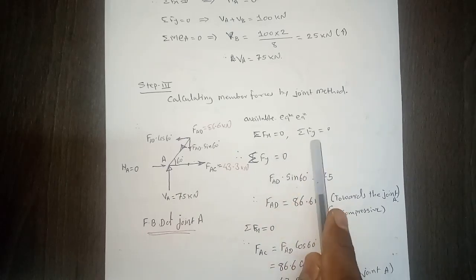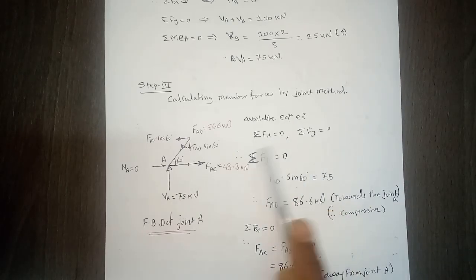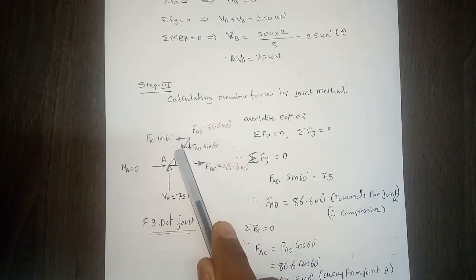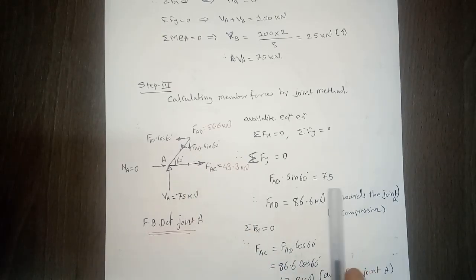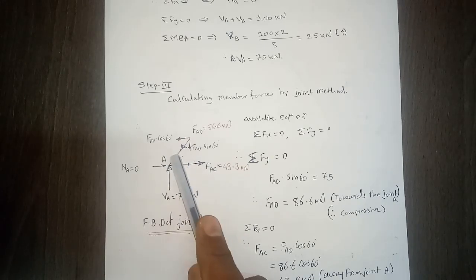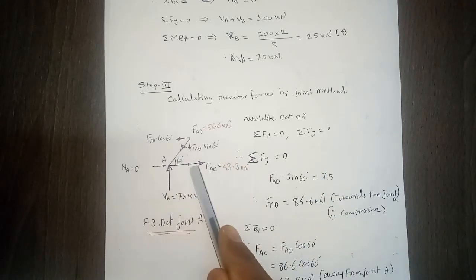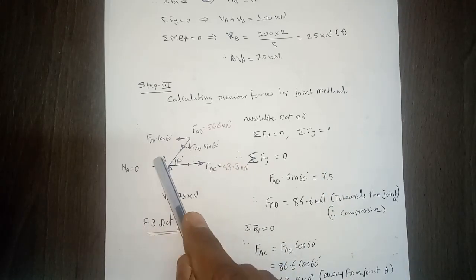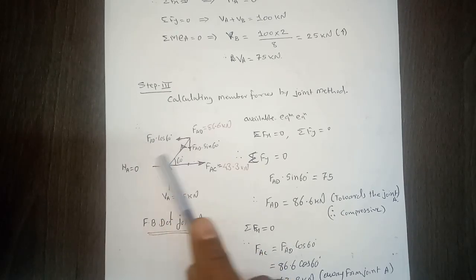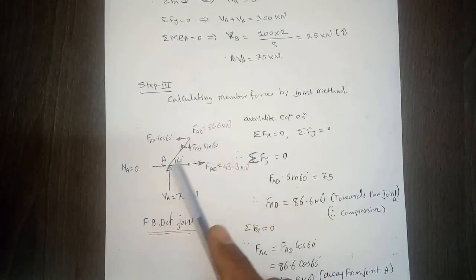Because we can only use these 2 equilibrium conditions. In other words, each member has one force, so there should not be more than 2 members whose force we don't know, right? If there is a third member, then we should know the force in that member, and only then can you solve that joint, otherwise you cannot solve.